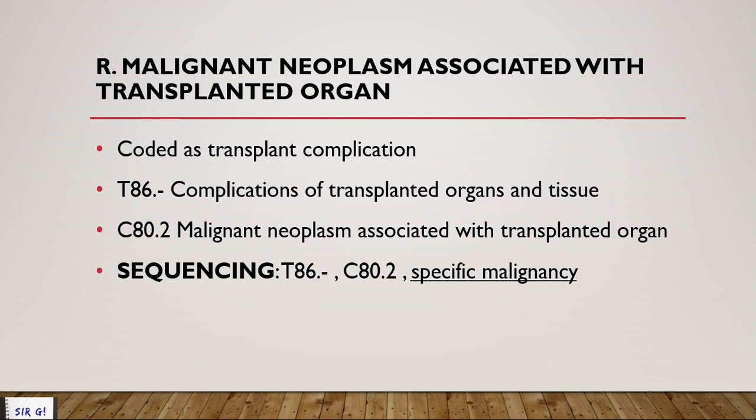So your reason for the encounter is no longer the kidney dysfunction, but already the cancer. So every time you hear the word complication, you need to code first for the complication. And as another tip, most of the time, codes for complications start with the letter T, under the T codes. Okay, so the sequencing is T86 dash, followed by C80.2 malignant neoplasm associated with transplanted organ, and then the specific malignancy.